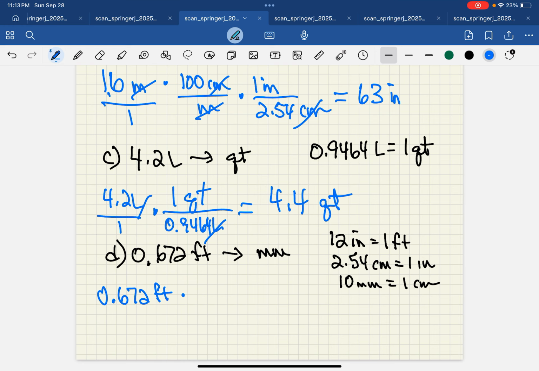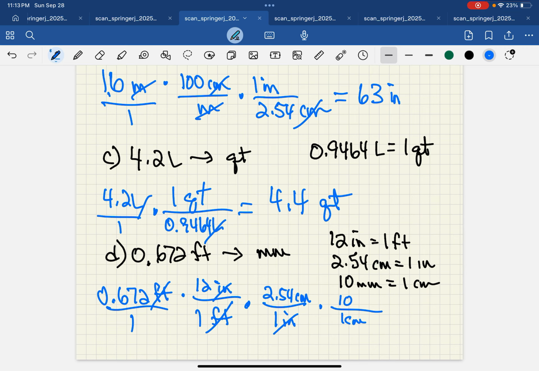And we want that in millimeters. So we know there are, in each foot, 12 inches. And each inch is 2.54 centimeters. And each centimeter is 10 millimeters.